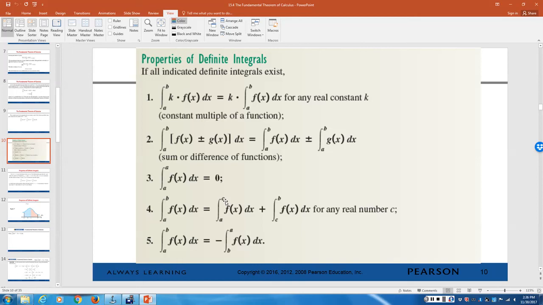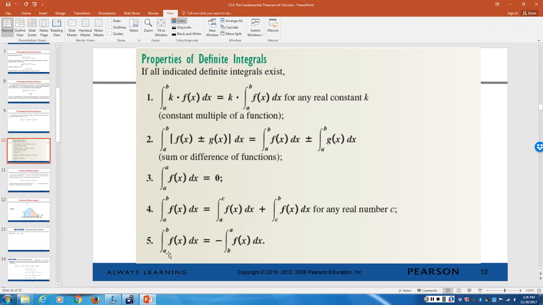And then from c on to b, it's above the x-axis and it's positive. If you just simply integrate it from one end to the other end, you're not going to get the total area. You're going to get a wrong answer because it's going to add the areas together. So we'll look at an example like that.